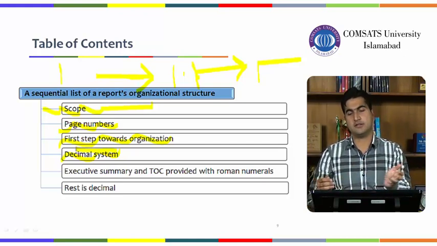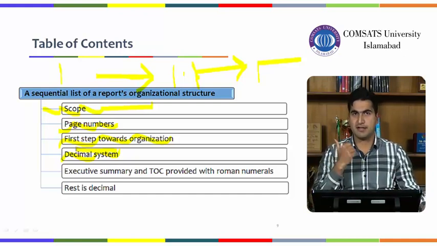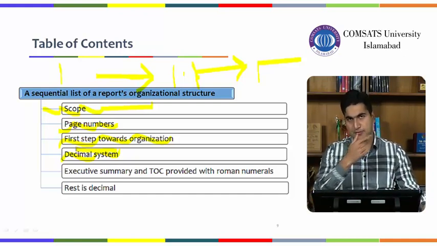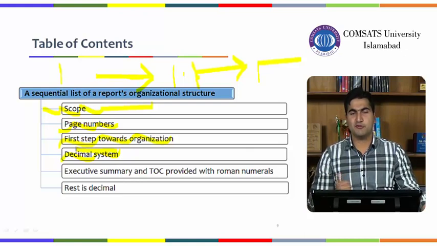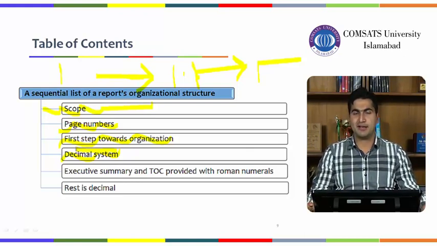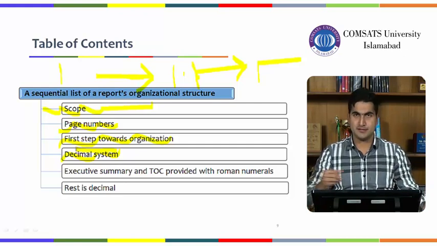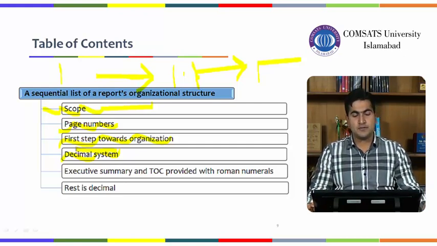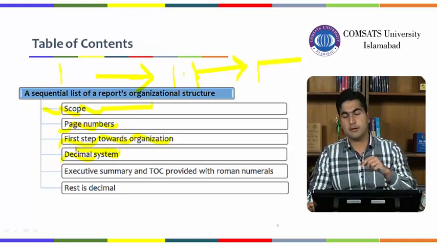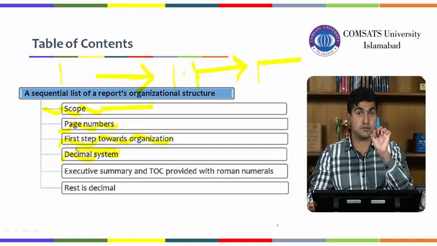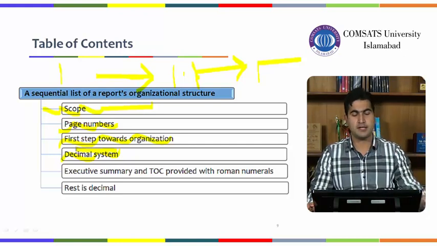You can see the arrows, they're just going towards the right-hand side, meaning just move ahead. We would like to see what's coming ahead. So let's just finish up. In the case of the executive summary and TOC, these are provided with Roman numerals, which are mentioned on the page number at the top right side.